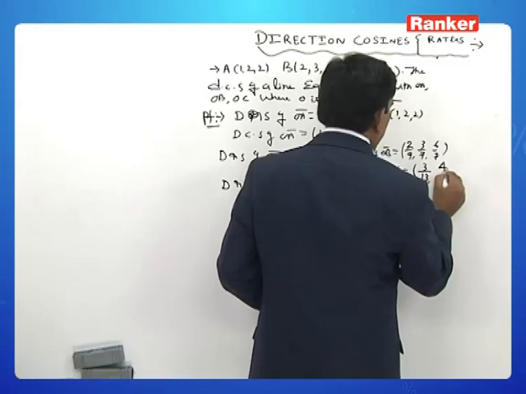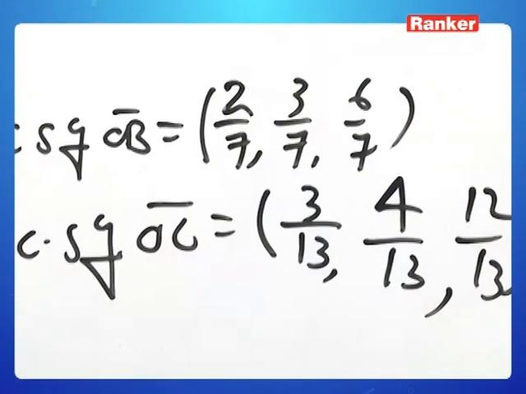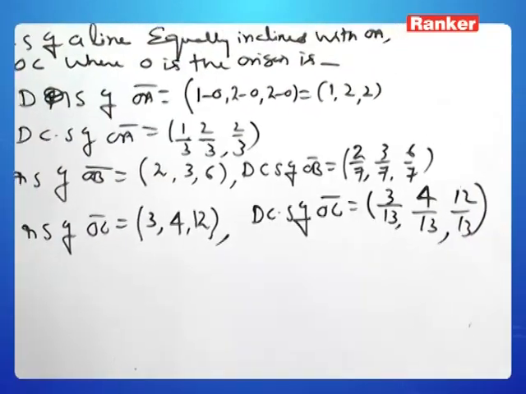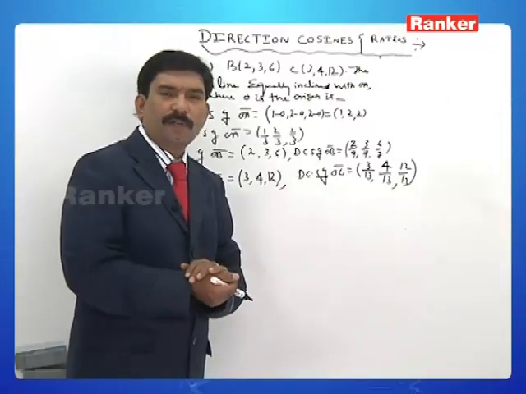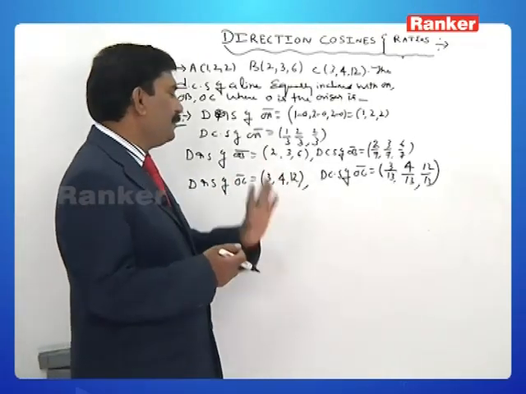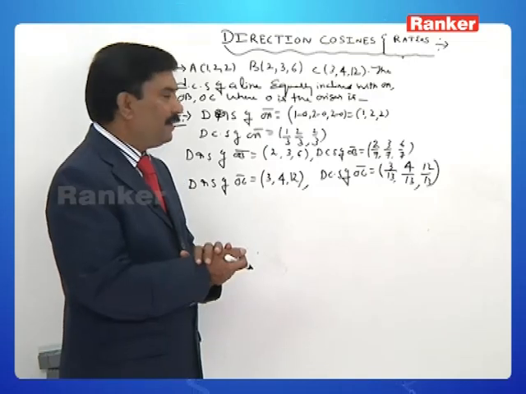Therefore 3 by 13, 4 by 13, and 12 by 13. This is how I got it. So DCs of OC bar are 3 by 13, 4 by 13, 12 by 13.